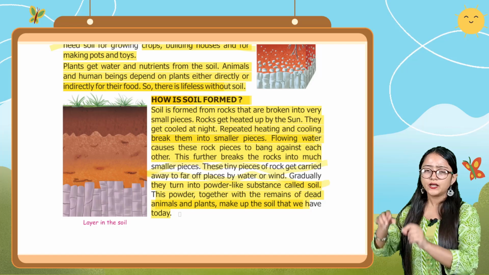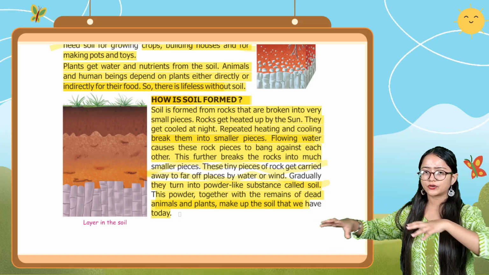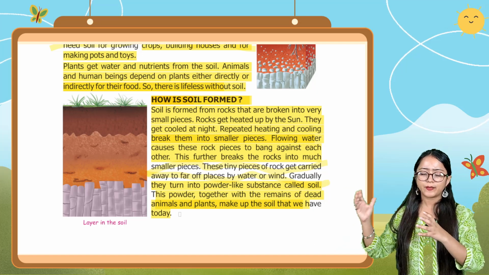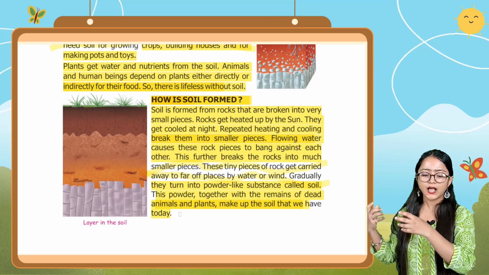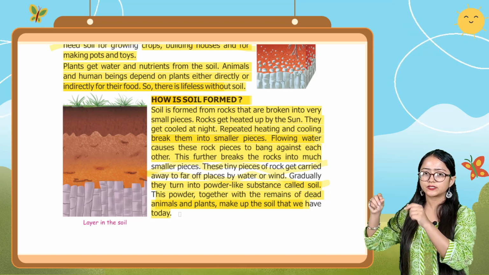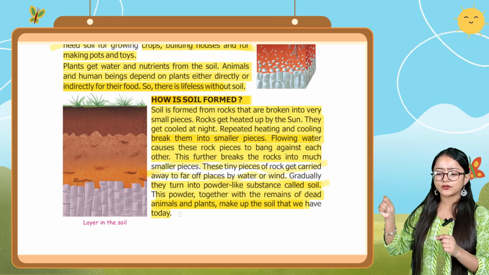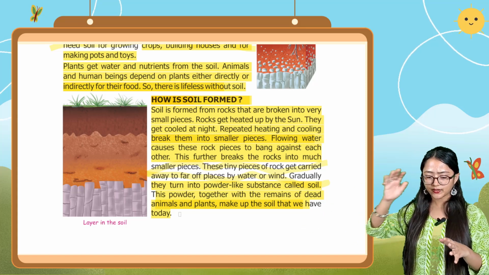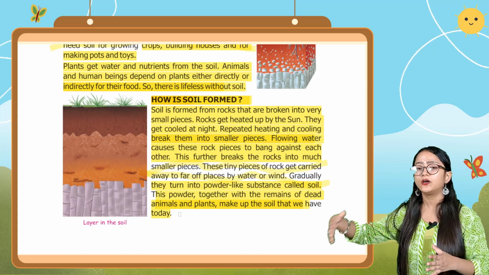Flowing water causes the big rocks to bang against each other, and this further breaks the rocks into much smaller, finer pieces. These tiny pieces of rock get carried away easily to far off places by the help of water or wind.